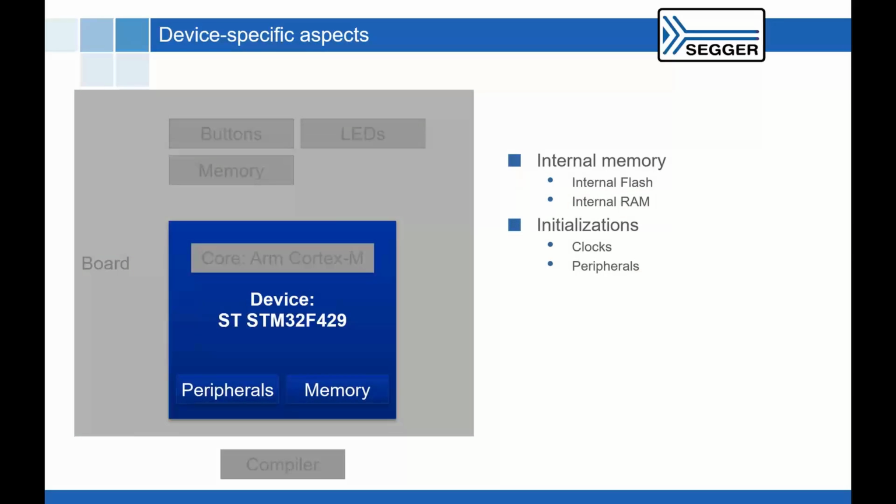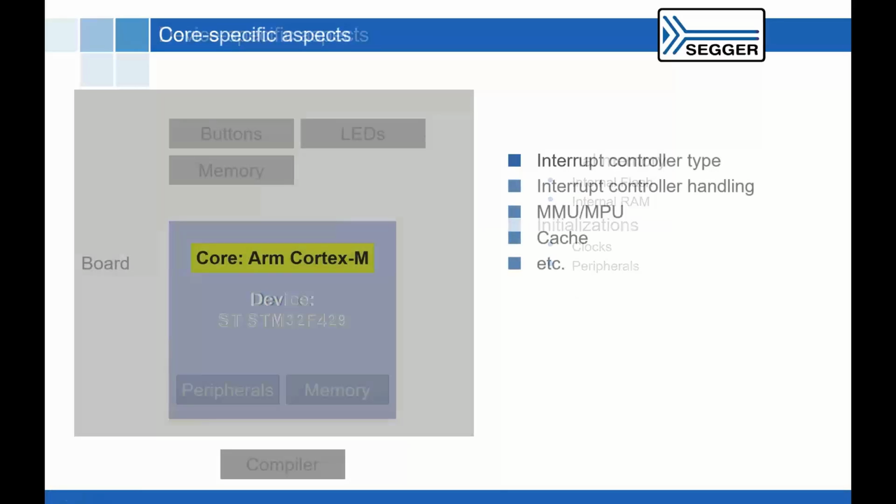Then when we look at the device itself, usually those devices have internal flash memory that needs to be initialized and/or programmed with your application. So internal RAM, and then obviously a lot of initializations for the peripherals and the clocks on the device itself.